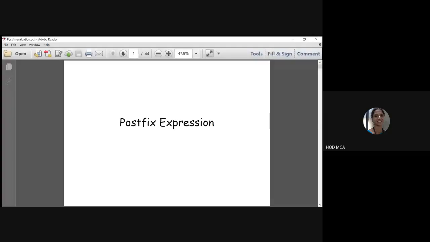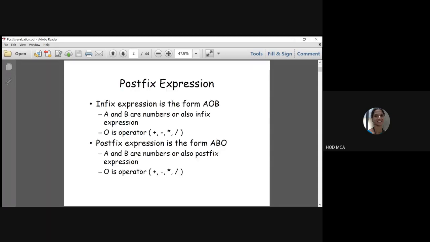Okay, next we will see how to evaluate a postfix expression. You are able to see my screen? Yes, ma'am. Okay. So how to evaluate a postfix expression? So an infix expression is of the form A operator B, right?